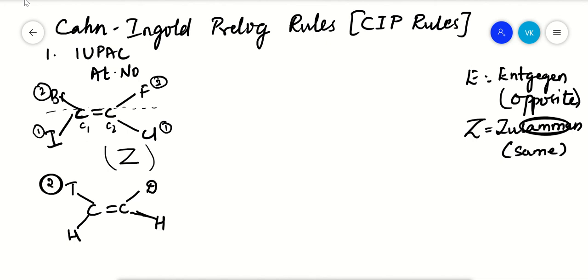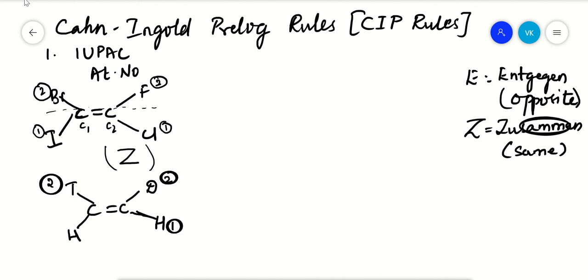Then what is the priority order now? Hydrogen has atomic number 1. Deuterium is an isotope with mass 2.